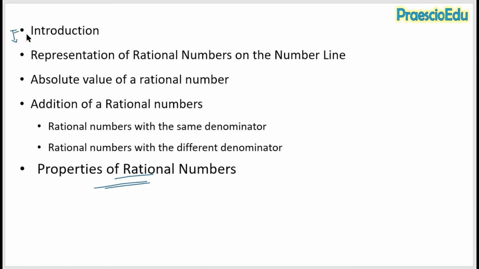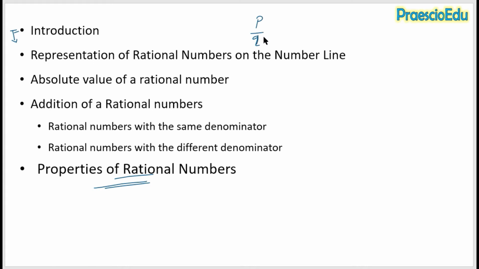So first, introduction. So what exactly are rational numbers? All integers are rational numbers, but especially we can say they are in the form of a numerator and a denominator. Suppose p by q. This is the format, where p is the numerator and q is the denominator, where p is an integer and q is also an integer.